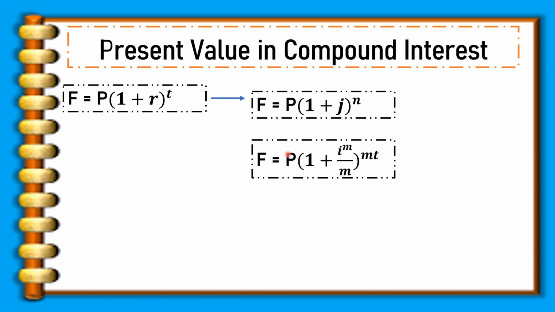So from this, we can derive the formula for present value in compound interest compounding more than once a year.